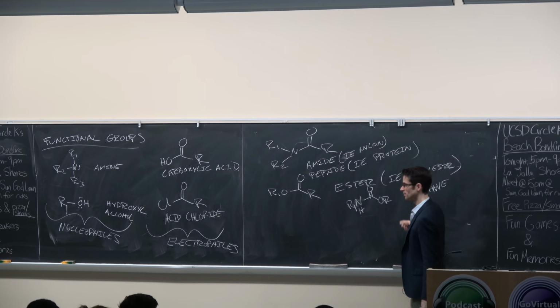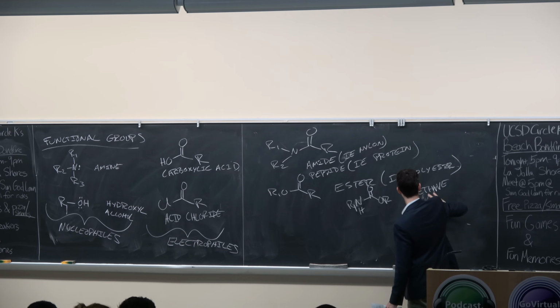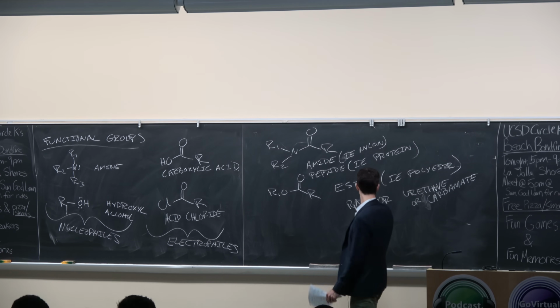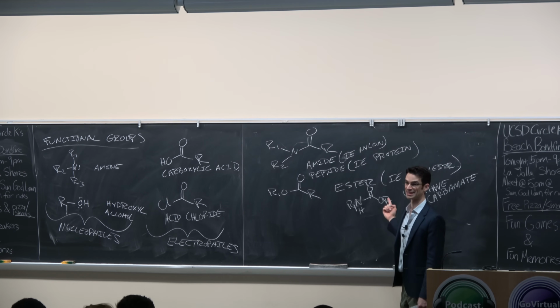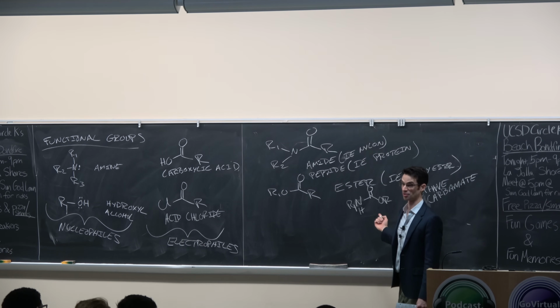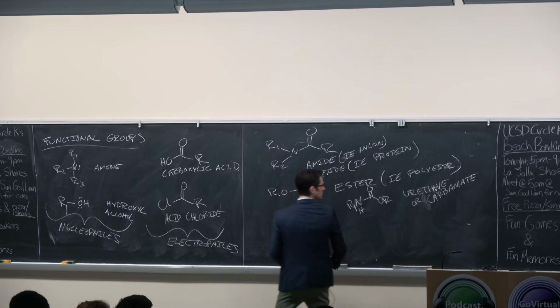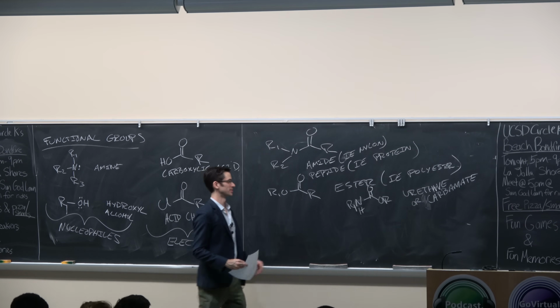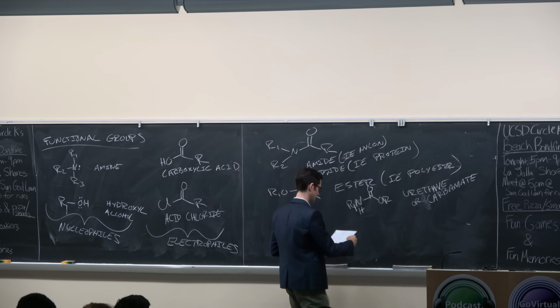Urethane in polymer language, or carbamate in chemistry language. Because urethane in chemistry means something different. It means specifically ethyl carbamate. But when we say polyurethane, like a bowling ball, we're talking about a polymer made of this linkage.